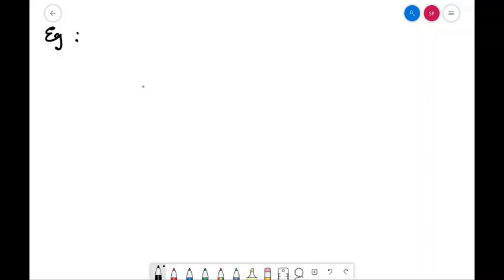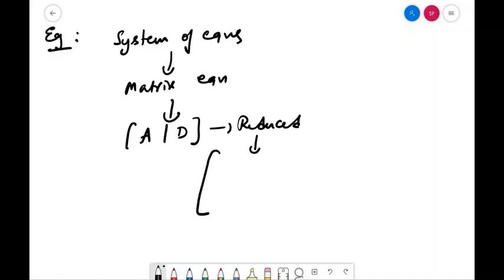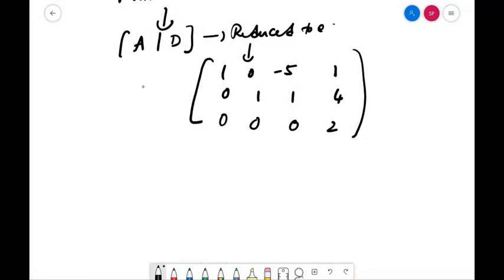Suppose I have a system of equations which is reduced to a matrix equation, and its augmented matrix is reduced to echelon form in the form like this: 1 0 minus 5 1, 0 1 1 4, and a third row. I'm just giving some random matrix. Then mark the pivots. This is a pivot.